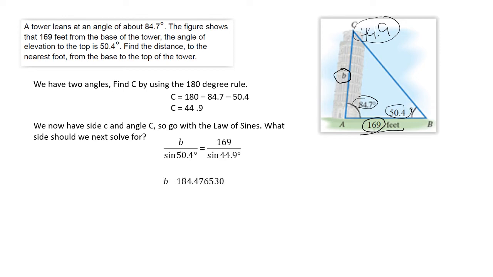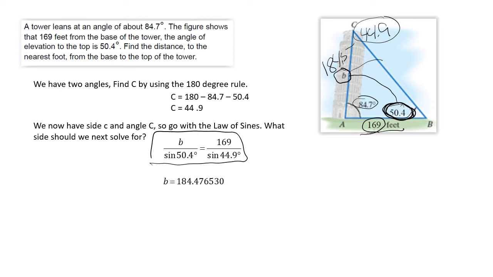Well, since angle B is smaller than angle A, I choose to go with the smaller if I can. So I'm going to work with angle B right here to find side B along with the law of sines. So here's the law of sines. B over sine B, C over sine C. We solve, and B turns out to be 184.5.